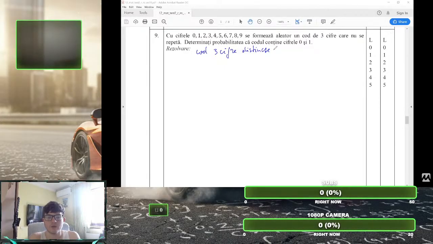So we gotta do the formula of favorable cases divided by all cases, and all cases, how we can understand that. Do we have 10 factorial, or do we have that?